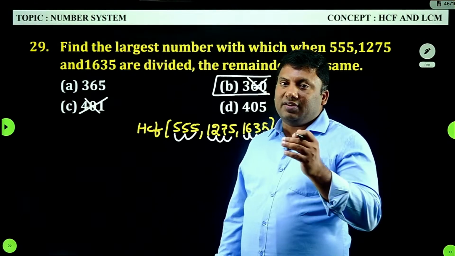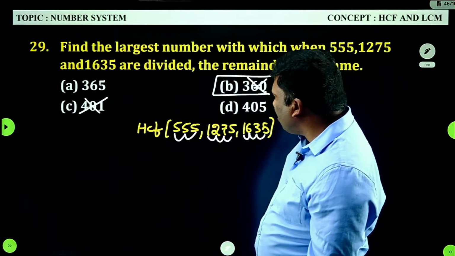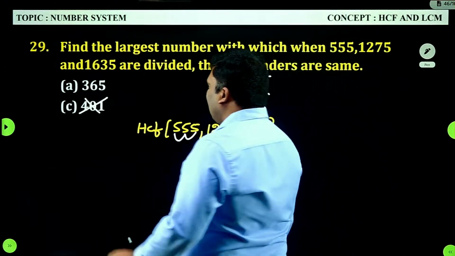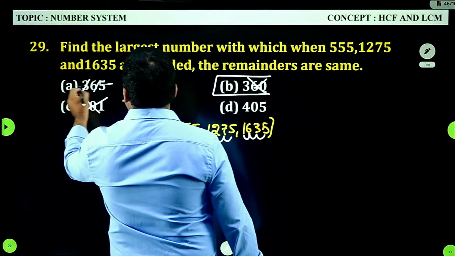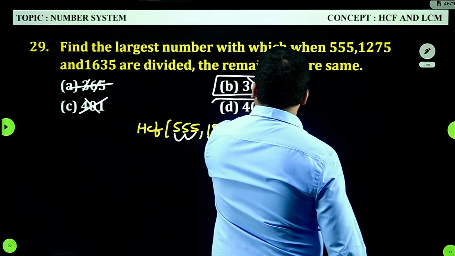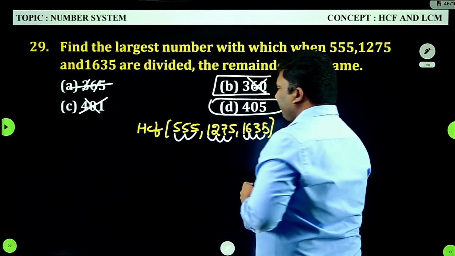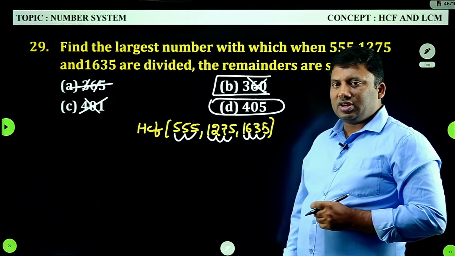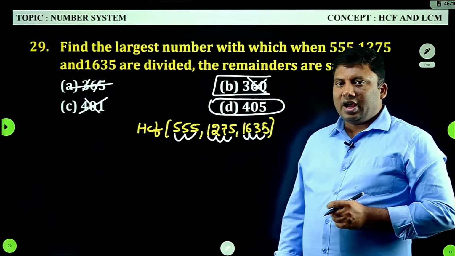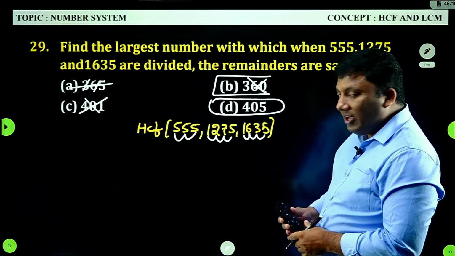All the input numbers are divisible by 3, so the answer should also be divisible by 3. Here it is not divisible. The answer for this question is 4, not 5. I hope the idea is very clear.